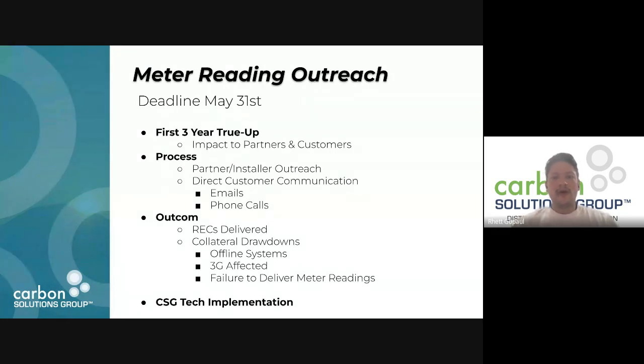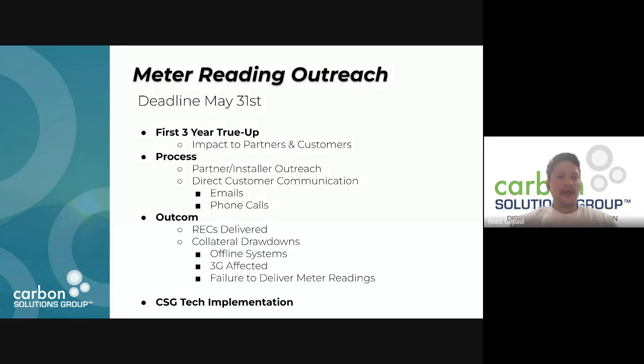Finally, we are working on technology implementation to decrease the amount of time between when we notice a system is offline or not reporting production, or is reporting production significantly lower than we would expect. We are working on API implementations with Enphase, SolarEdge, and working on other reporting with Sunny Portal as well as SolarWeb.